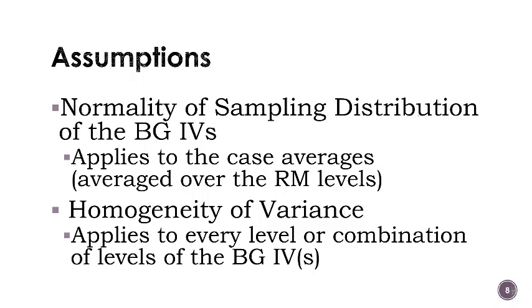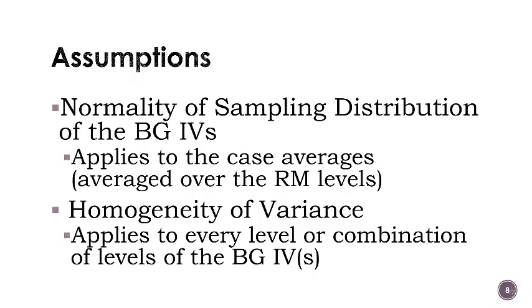The normality of the sampling distribution in the between groups IVs applies to the case averages, because remember, we're going to be averaging those subject scores in order to get that S with an A factor. So it applies there. We're assuming homogeneity of variance. It applies to every level or combination of levels of the between groups IVs. So it applies the same way it would for a one-way or a factorial between groups.